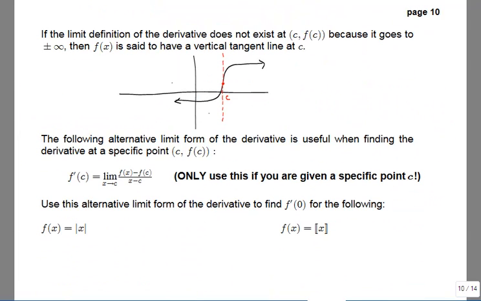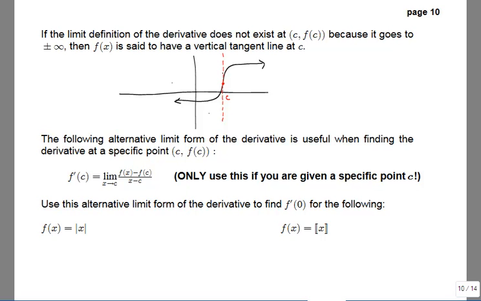So let me formalize that. We say that if the limit definition of the derivative does not exist at c comma f of c because it goes to plus or minus infinity, then the original function is said to have a vertical tangent line at c. So this would be an example of a function that might have a vertical tangent line. You can see that the graph gets really, really steep in the middle right here at c and is approaching a nice vertical line.